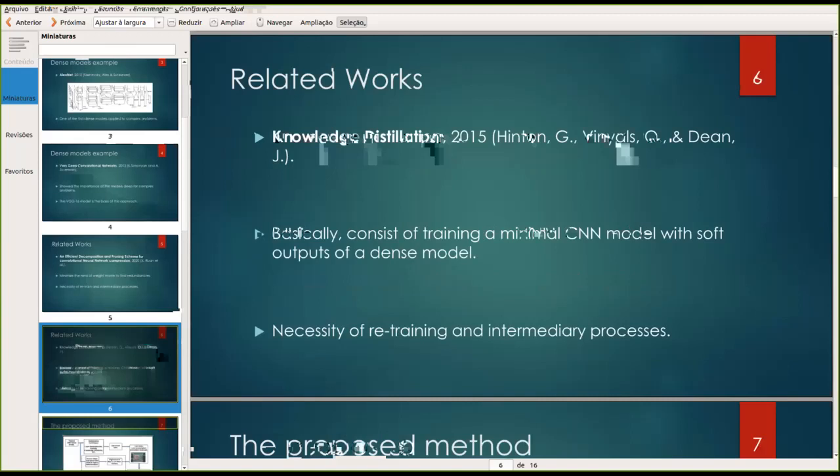Another famous architecture reduction technique is Hinton's. This work uses the activation output of the last layer as the class label and trains a reduced CNN architecture with the original training samples, which is the reduction model.